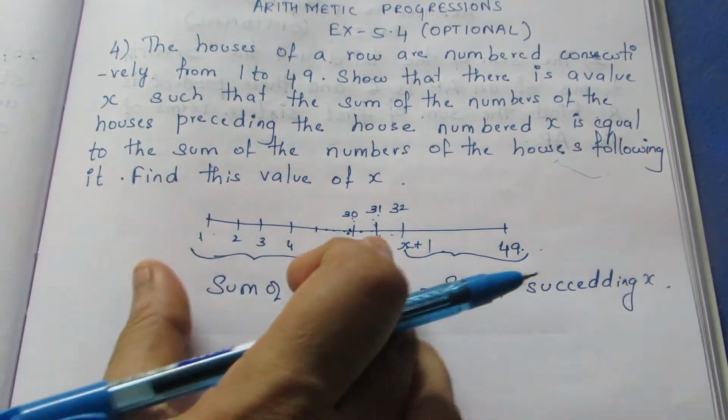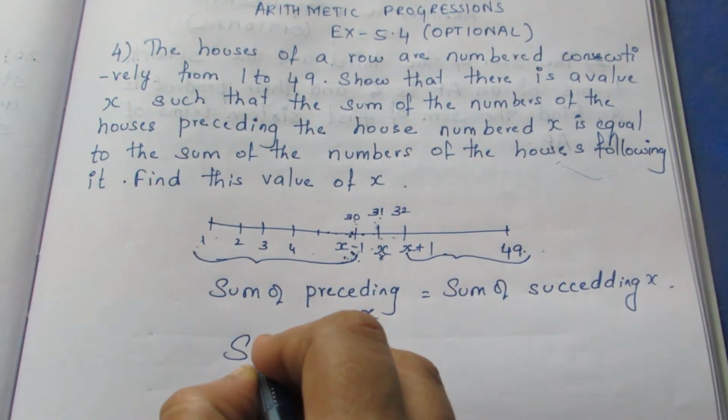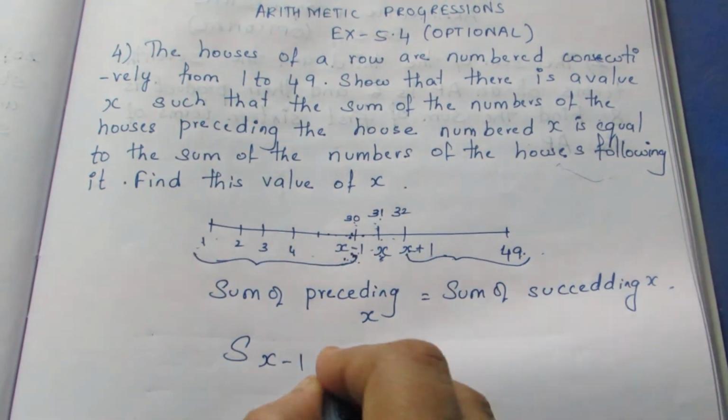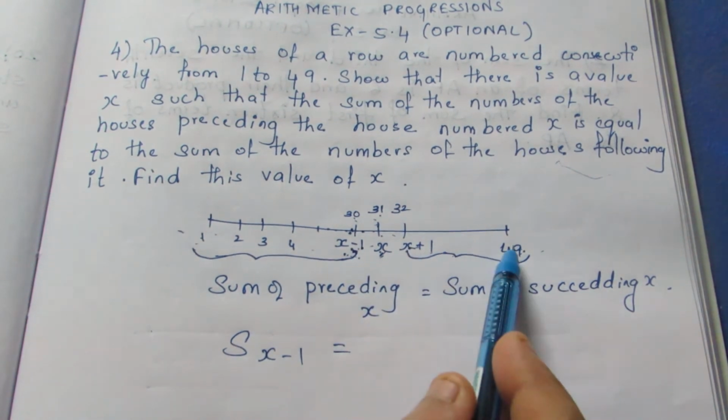Now we can take the Sn formula for the preceding houses because this is from the first. So instead of n, we have x minus 1.